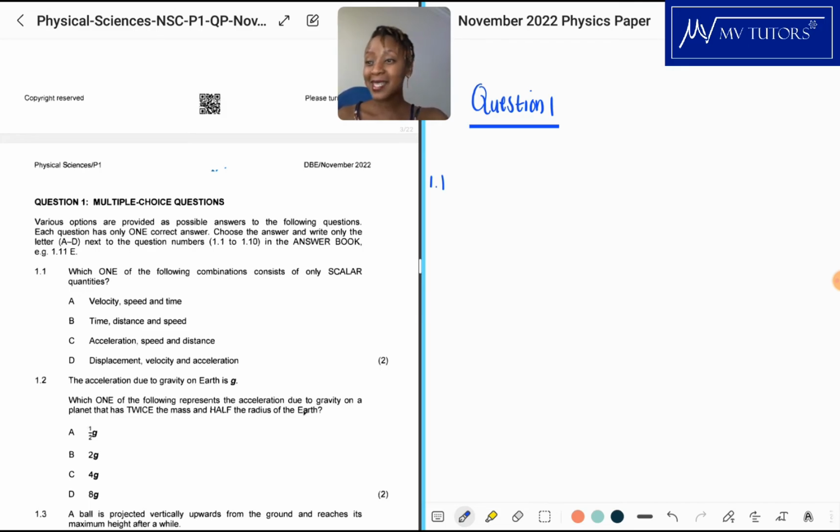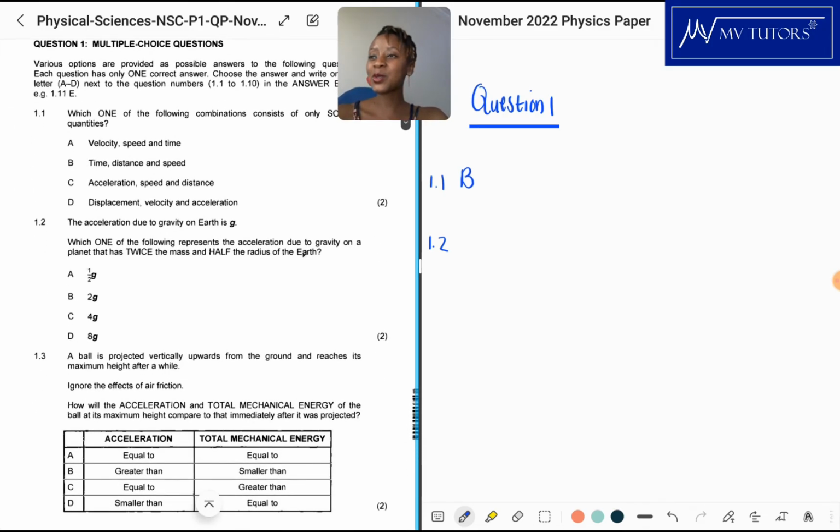B, time, distance and speed, yes, that's an option. C, acceleration, speed and distance, acceleration is a vector. D, displacement, velocity and acceleration, all of them are vectors. So B is the correct answer. Whenever you see a correct answer, please don't stop to look at the other options, just to be sure.